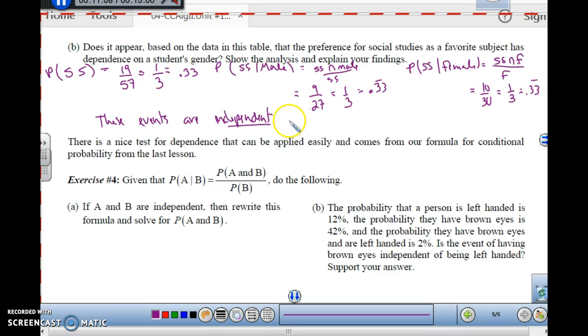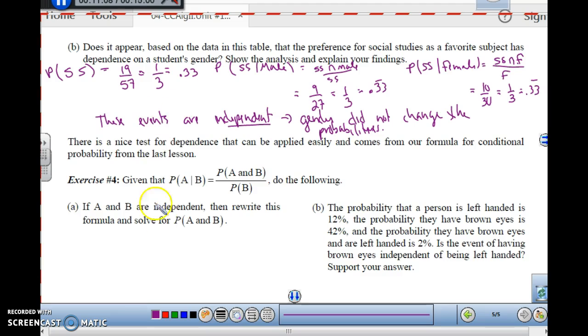The probabilities of the events are independent. The probabilities did not change based on the gender. Gender did not change the probabilities. So there is no dependence on gender to prefer social studies. The probabilities stayed the same when we threw in the gender.